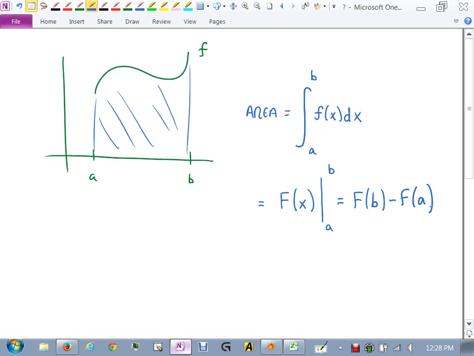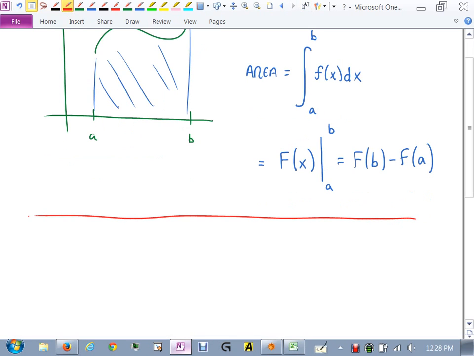There are two versions of the fundamental theorem of calculus, and this is the second version. So if you want to know the area under a curve, this turns out to be the antiderivative evaluated at the endpoint b minus the antiderivative, capital F, evaluated at the endpoint a.